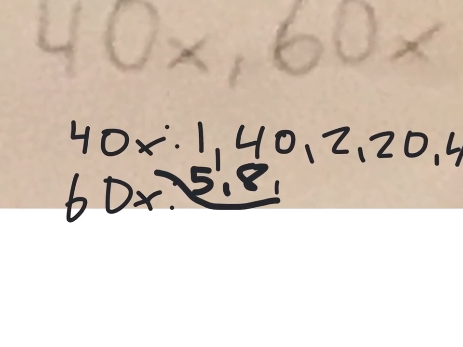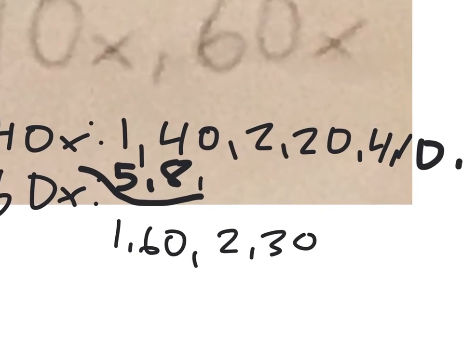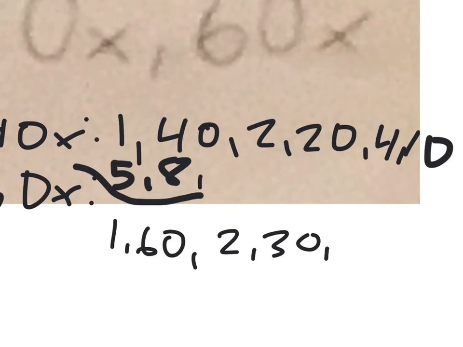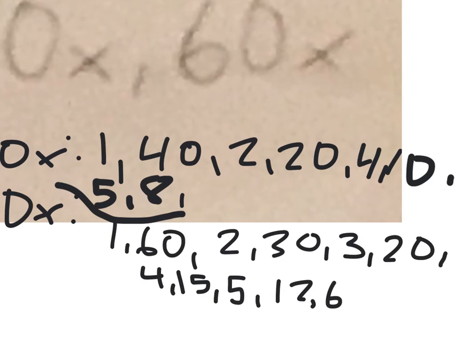And then some common factors of 60x would be 1 and 60, 2 and 30, 3 and 20, 4 and 15, 5 and 12, 6 and 10.